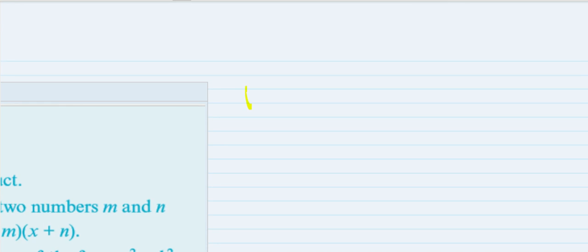So remember when we were looking a couple of lessons ago, we had something like x plus 1, x plus 5, and we wanted to expand those. So I might as well do FOIL. We'll look at our first terms.